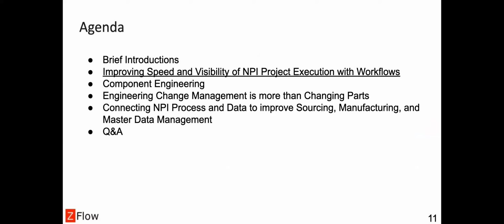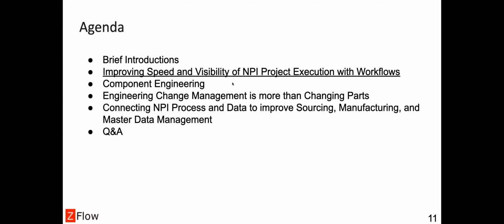So what we have seen when you're addressing or rather taking on NPI programs is the overriding need is, how do you improve speed? Of course, quality is a given, we'll take that as table stakes, and visibility of NPI projects or programs. One thing that we have noticed is a lot of organizations do use project management tools.